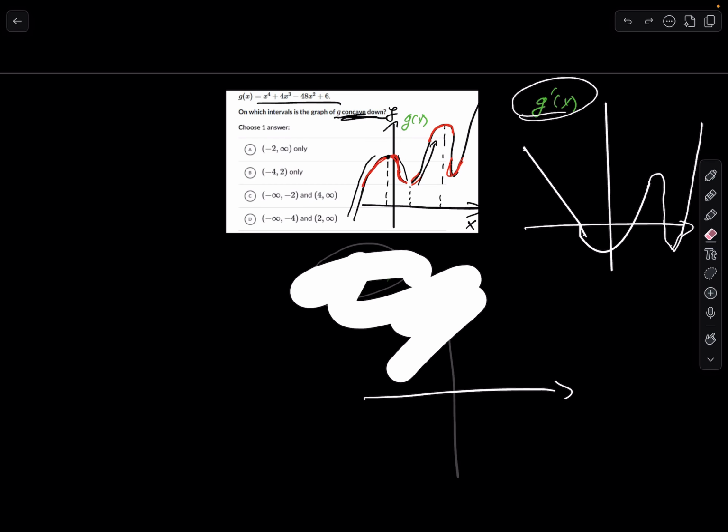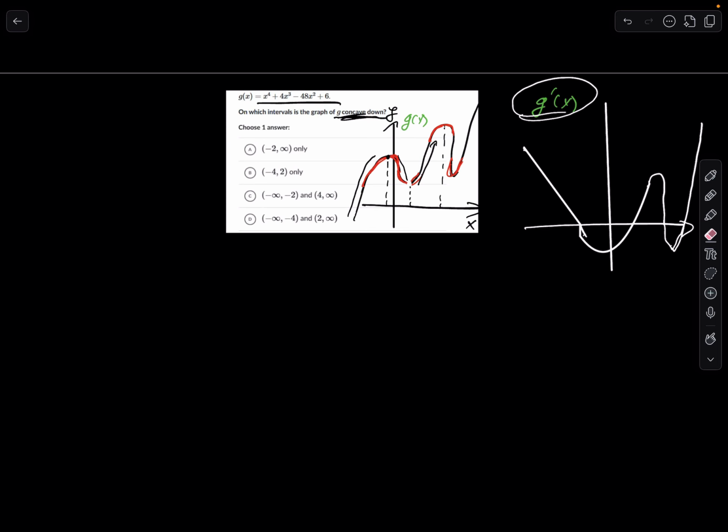Let's just specify what I mean here by inflection points. Inflection points are those points where we are just changing our signs. Here we're changing our signs from negative to positive, meaning our second derivative changes sign from negative to positive. Those are our inflection points.